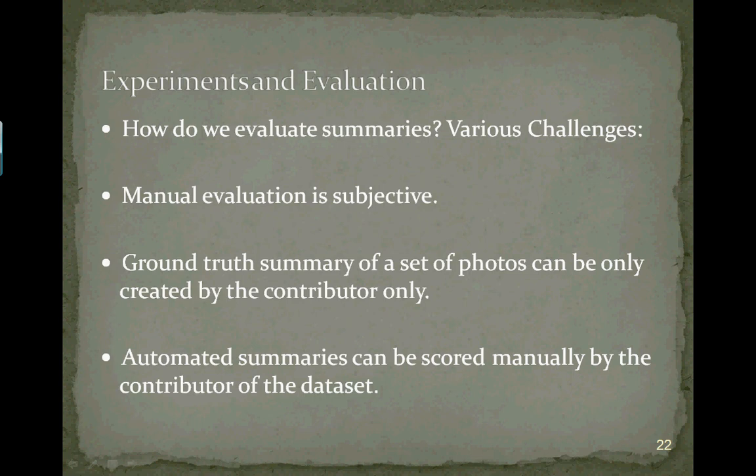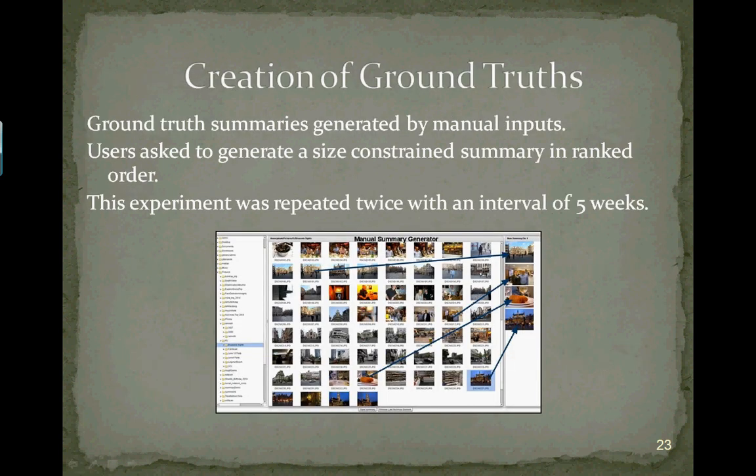Evaluation of personal photo summaries is difficult as manual evaluation may be subjective and only contributors can evaluate summaries. Further, there are no standardized metrics to compare two different photo summaries of the same event. We create two ground truth photo summaries of each life event by asking the contributors to create ground truth at an interval of 5 weeks.